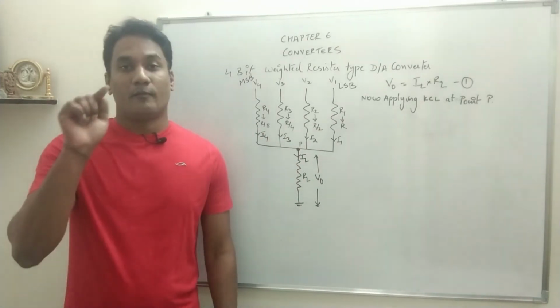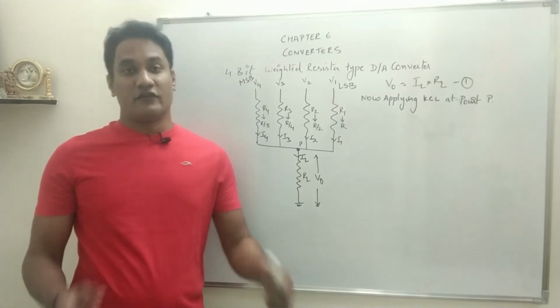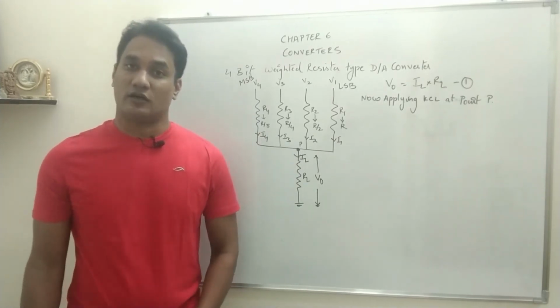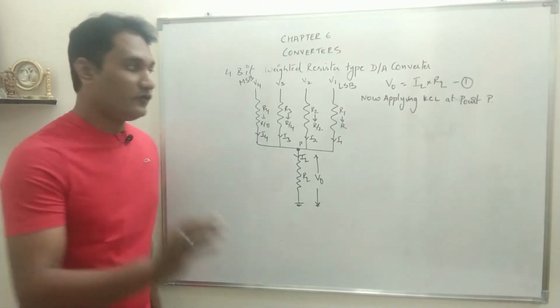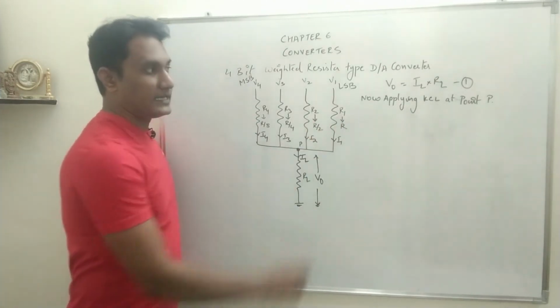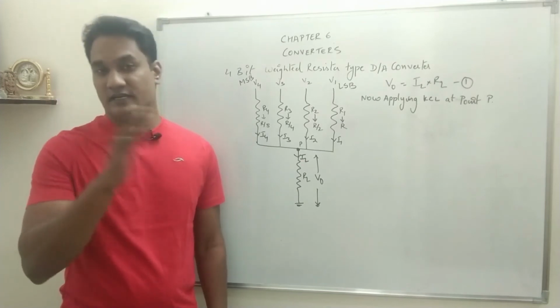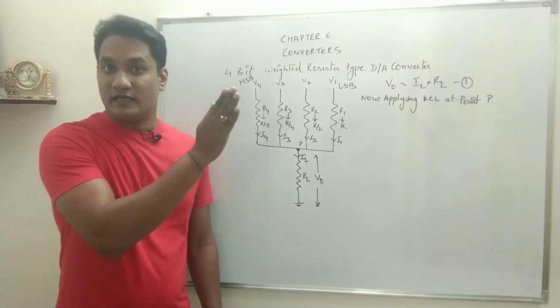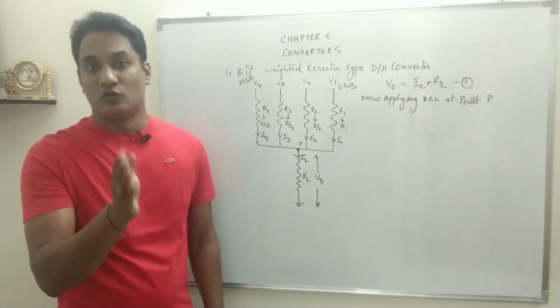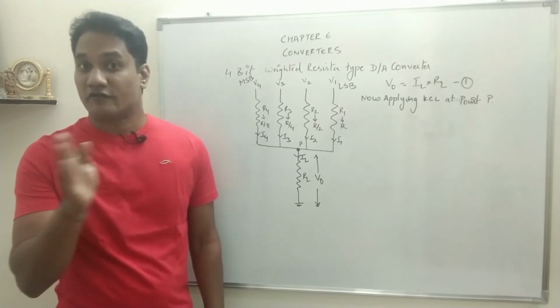If you apply KCL at point P, the statement is that all the current entering the node is equal to all the current flowing away from the node.